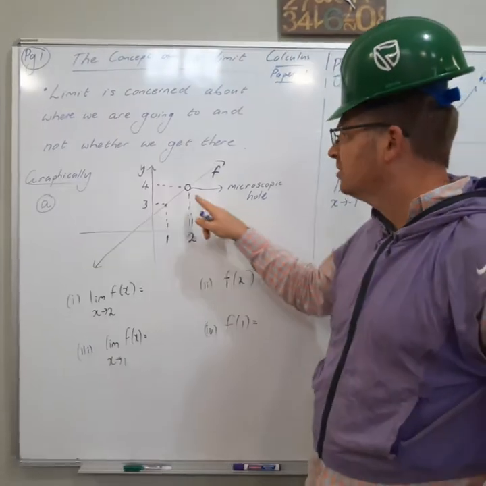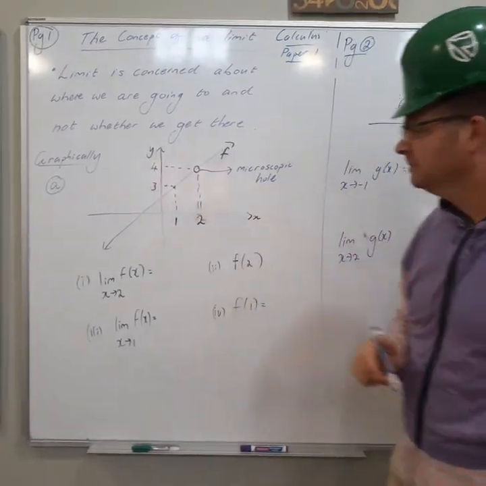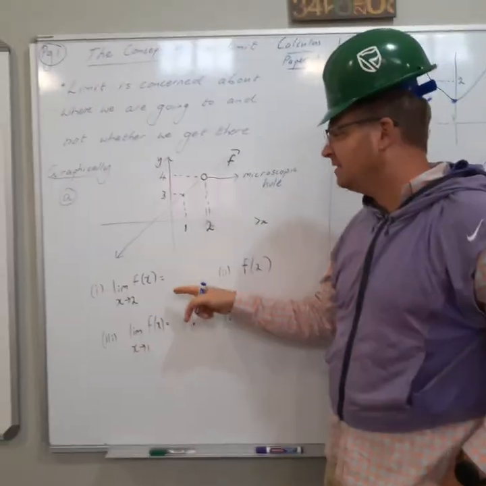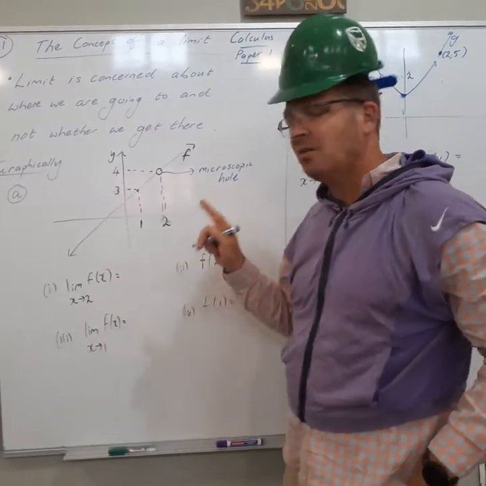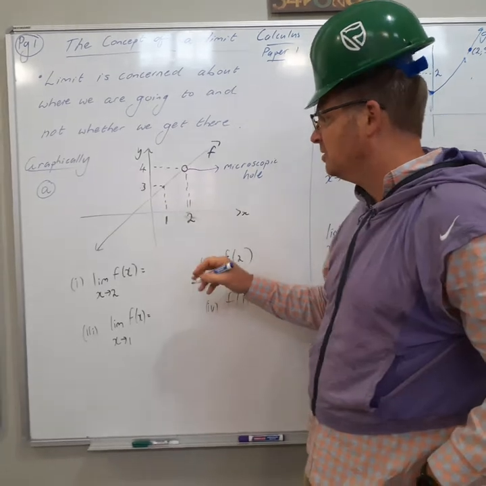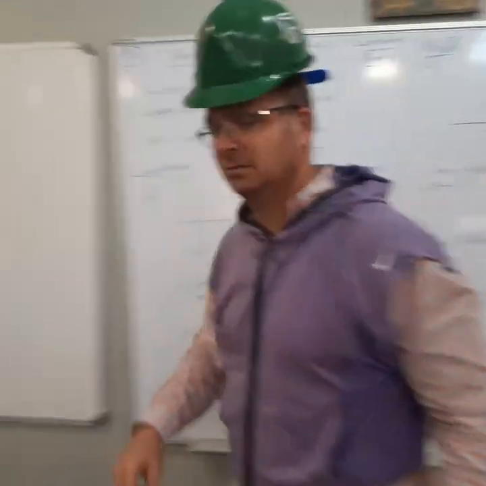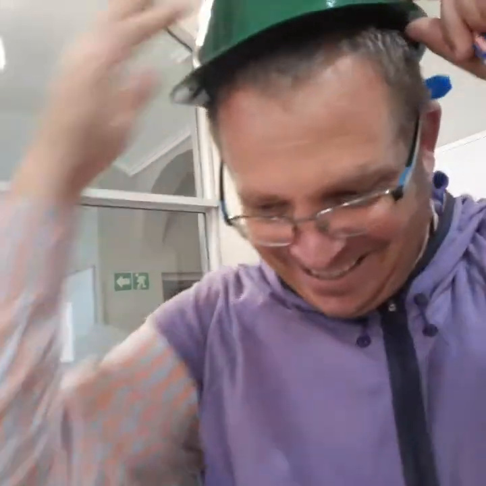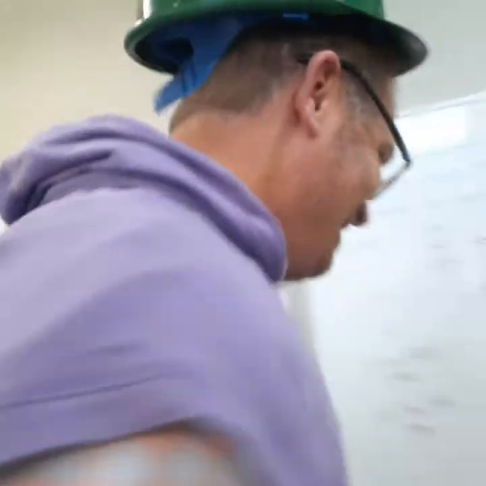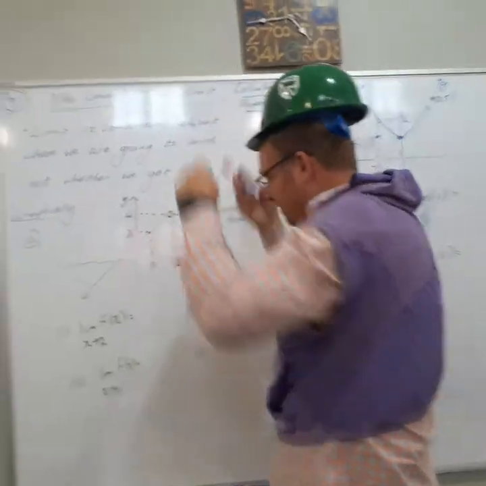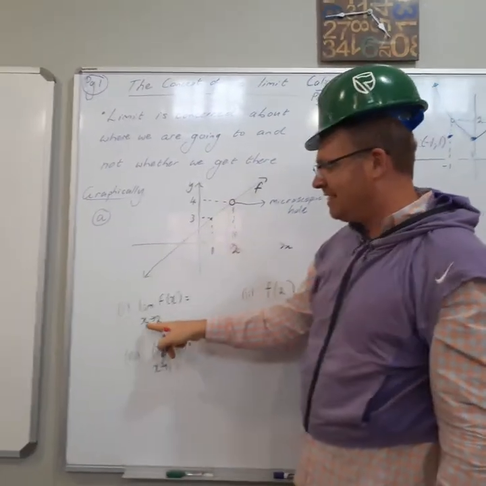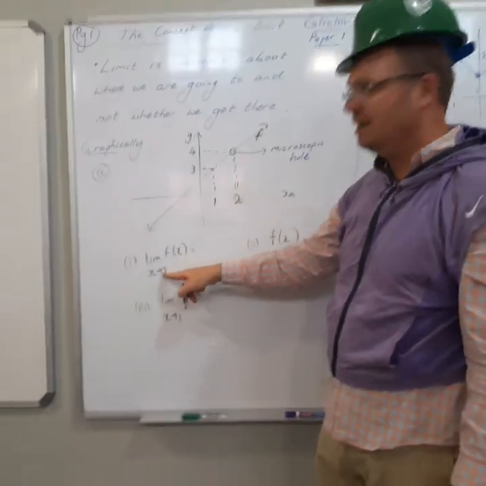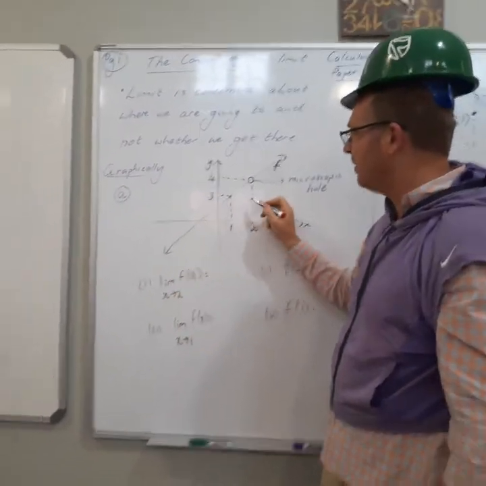So, if I said to you, what is the limit of f of x as x tends to 2? The way I think about it is, if I have two cockroaches, heading towards 2 from the left and the right.